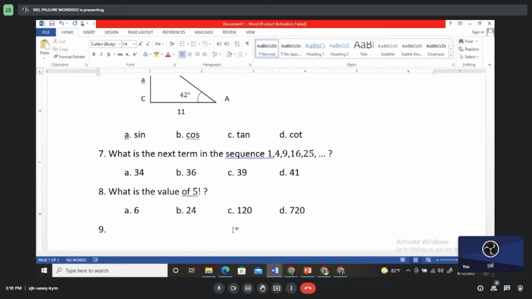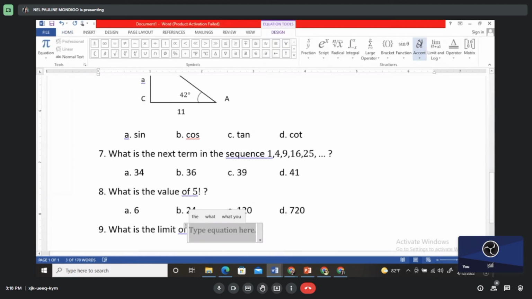So it involves a limit. The question will be, what is the limit of 5x plus 2 over 2x minus 3 as x approaches 3. We can type this by inserting an equation.